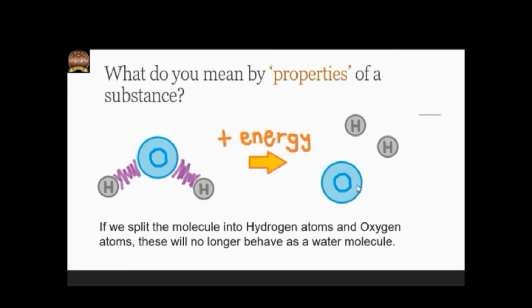And so do oxygen atoms, as you have learned that oxygen is a component of air. Therefore, when you break apart a water molecule, it no longer behaves like a water molecule. That is, the properties of water can no longer be seen.